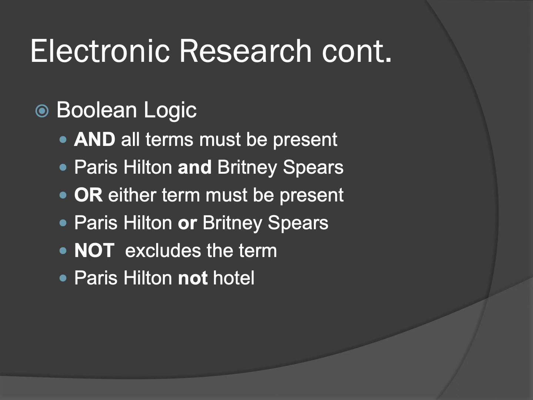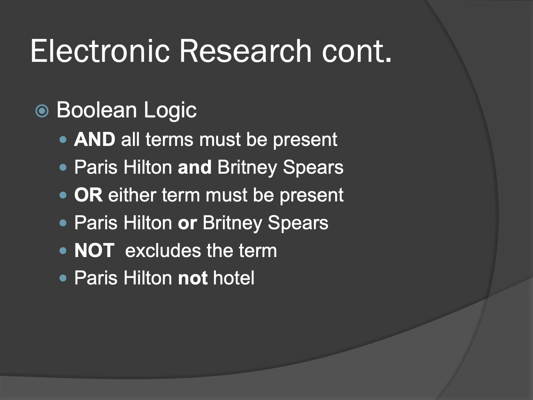Now, the last thing I want to talk about is Boolean logic. This is when you're actually doing the searching. If you put and into a search, then all those terms must be present on the web page that comes back.